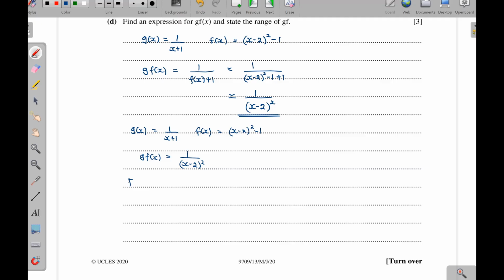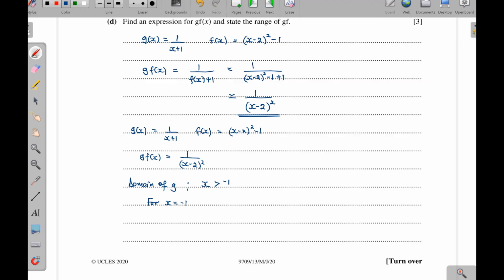Now, they said that the domain of g, let me write it here, domain of g is given as x greater than negative 1, okay? Now, we have found a new function, the gf. So, for now x greater than, for x, let's say, is equal to negative 1, what do we get?